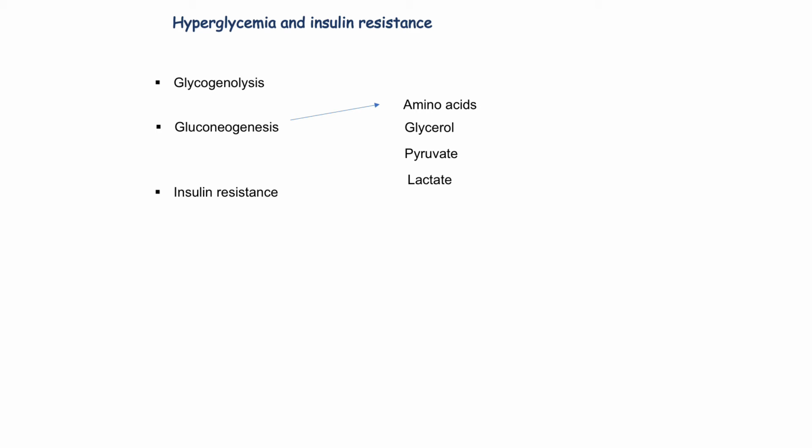These factors include breakdown of glycogen, gluconeogenesis from different precursors, and insulin resistance. Several hormones along with insulin resistance result in increase in blood glucose levels.